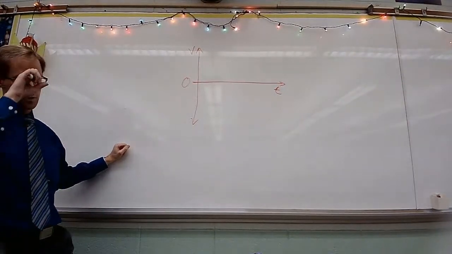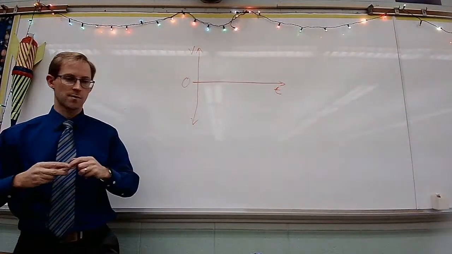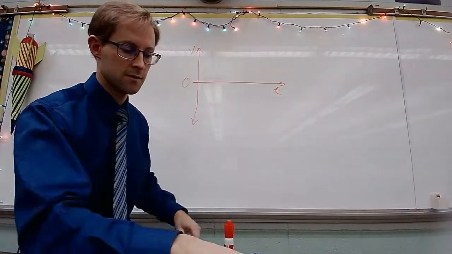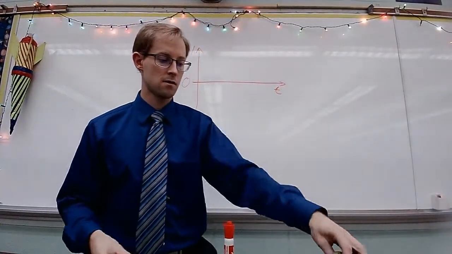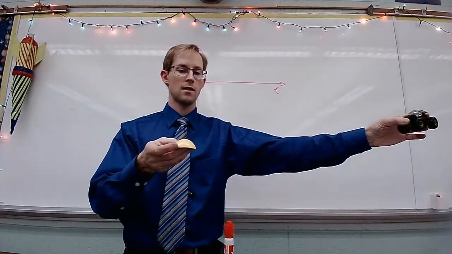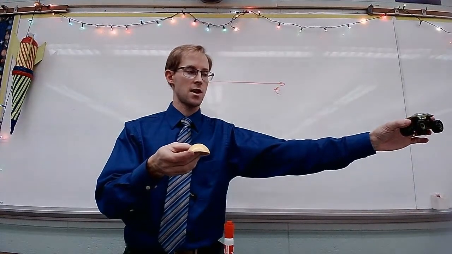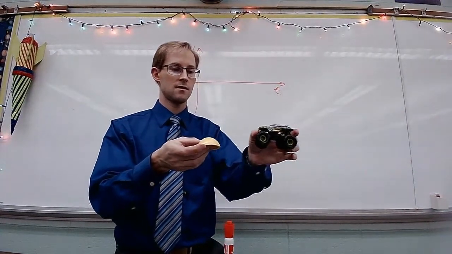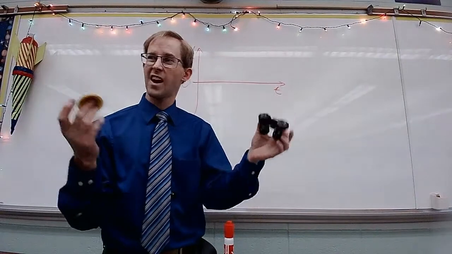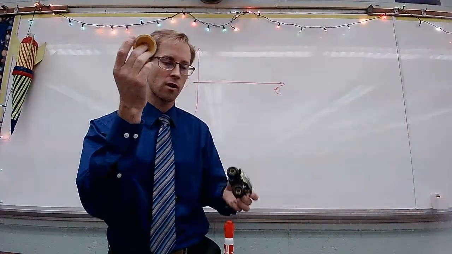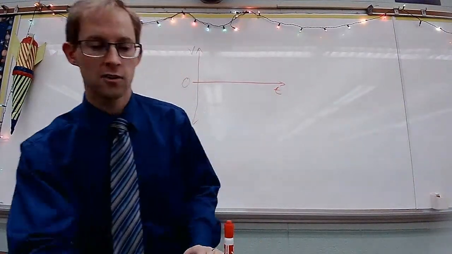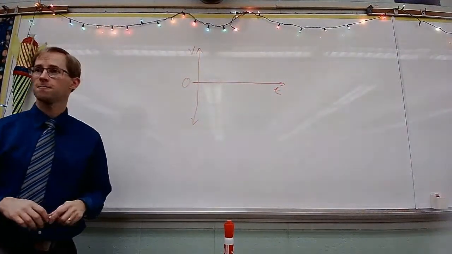So let's just say, for fun, let's come up with a scenario. Let's say Donatello starts over here, and time begins right now. Time ends. So he has a constant velocity going towards the origin. How would that look on the velocity time graph?